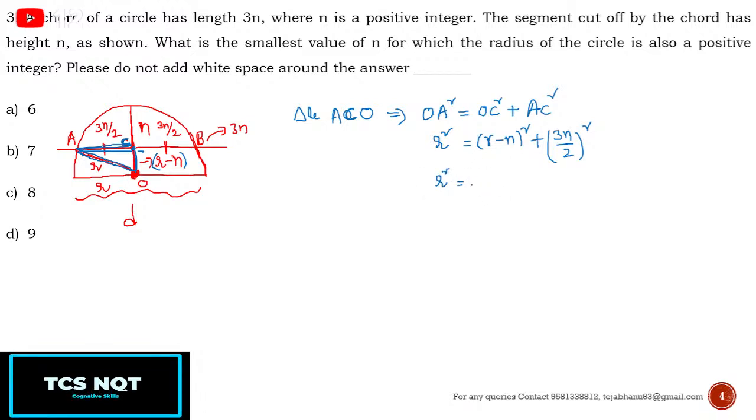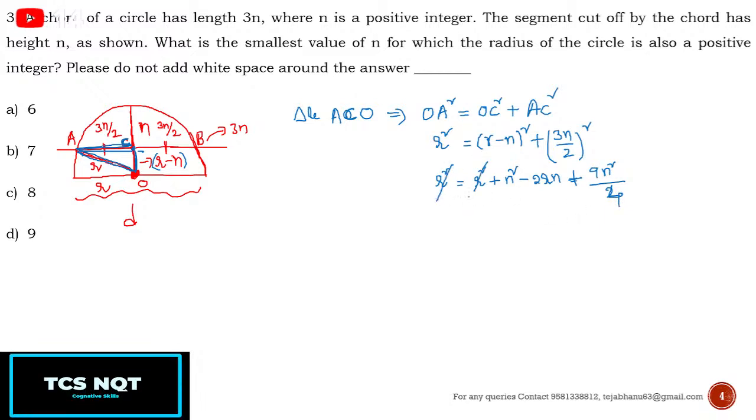R square is equal to a minus b whole square, that is a square plus b square minus 2ab, plus 9n square by 4.